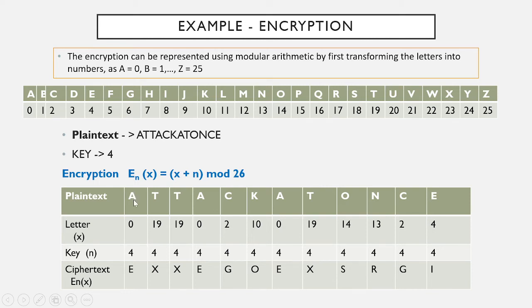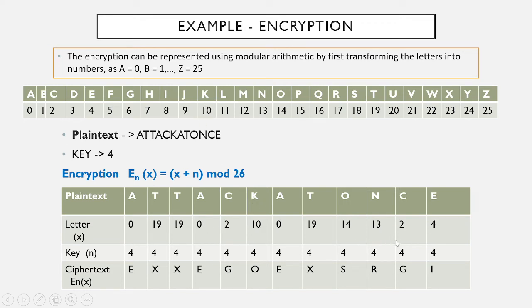So in the first column we have the letter A, second column T, and so on till the last letter in the plain text, that is E. In the second row, I have written the corresponding numerical value for the letter by looking at the table above. So the numerical equivalent for A is 0, for T is 19, and for K, from the table, you can see it is 10.